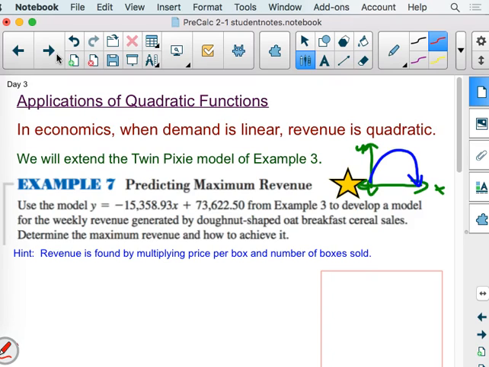And what happens is that ends up being a line that's a horizontal line straight across that parabola. And that produces a problem because the company can decide to produce very little of their product and sell it for an increased cost, or sell lots of their product and sell it at a cheaper price.